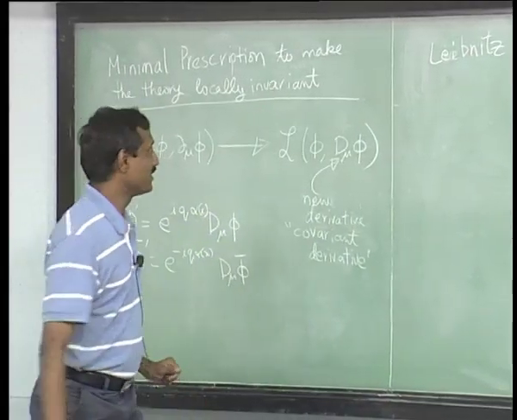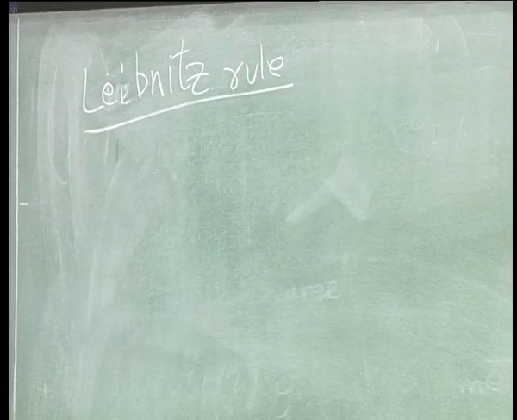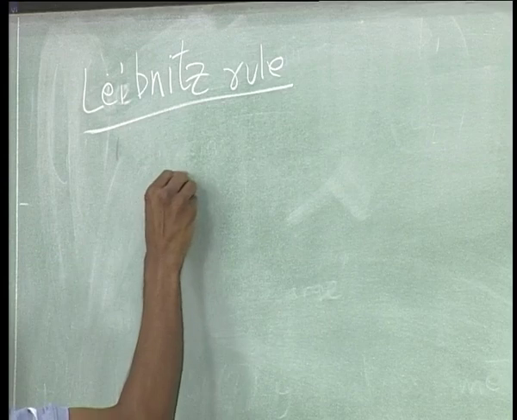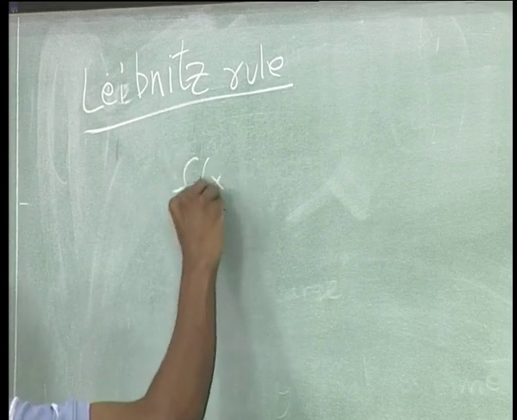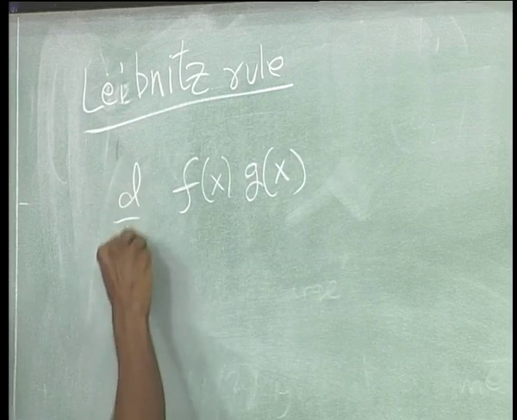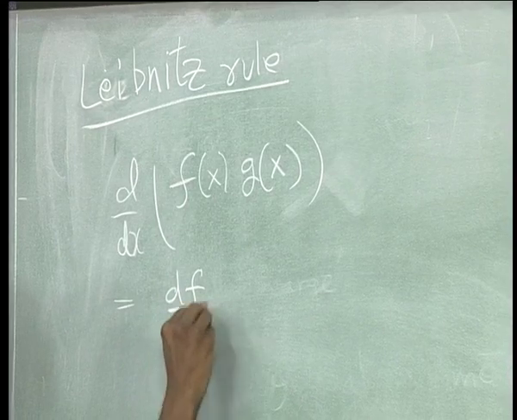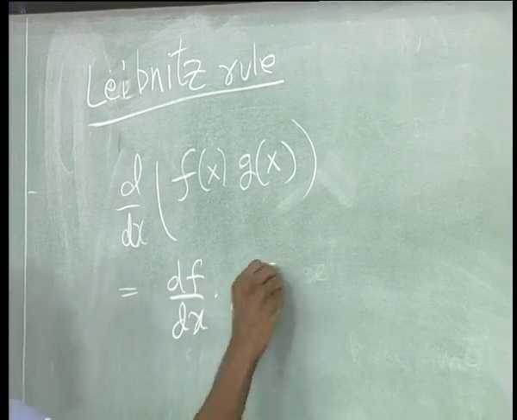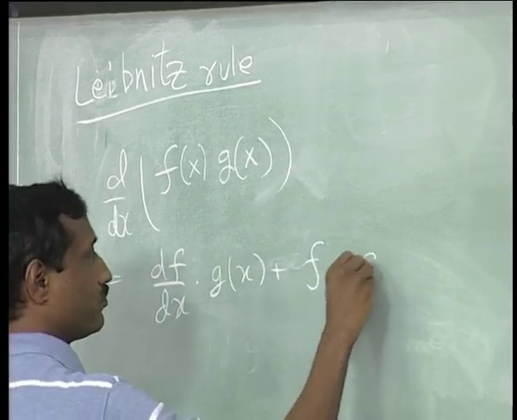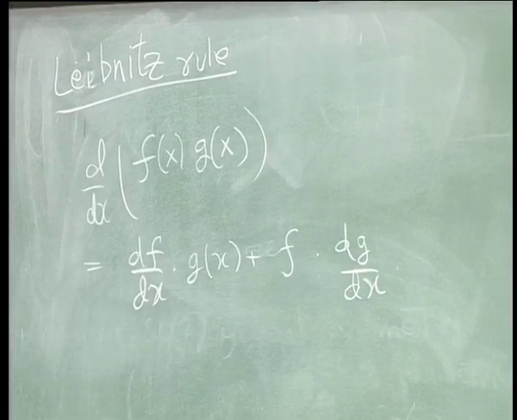So the Leibniz rule, which is an important rule for derivatives, says the following: if you have two functions, so let us just do simple. Okay.